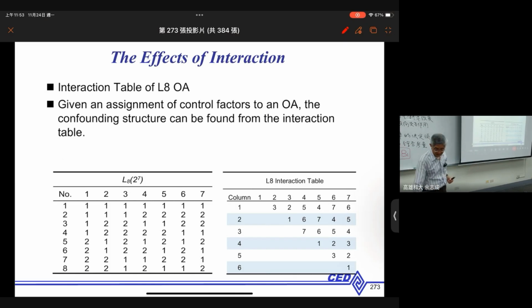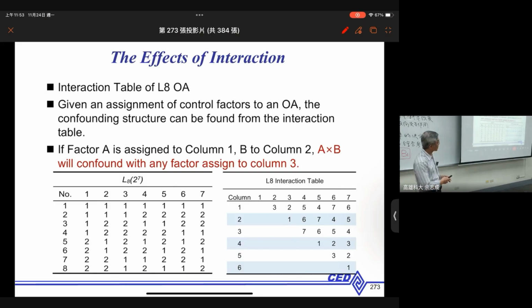I will use an example to show you how to do that, just like what I explained in the quiz. If you assign A to column 1, B to column 2, the interaction AB will confound with any factor in column 3. So you can use this to find out where the interaction will be.